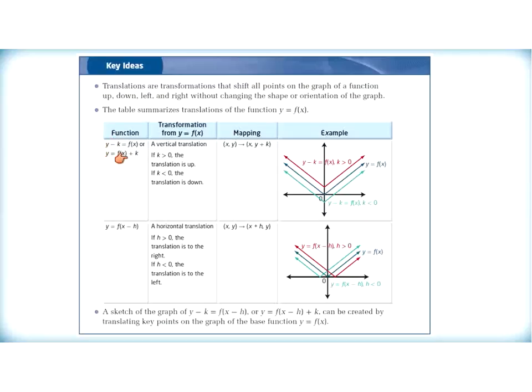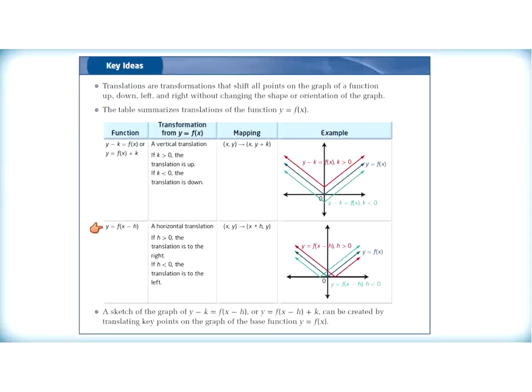Again, y minus k equals the f of x, or y equals the f of x plus k, doesn't matter how you see that, represents a vertical translation of k units. Here's what the mapping rule looks like. If k is positive, it is a translation up. If k is negative, it is a translation down. Here's the original function, moved up k units or moved down k units, if k is less than 0.